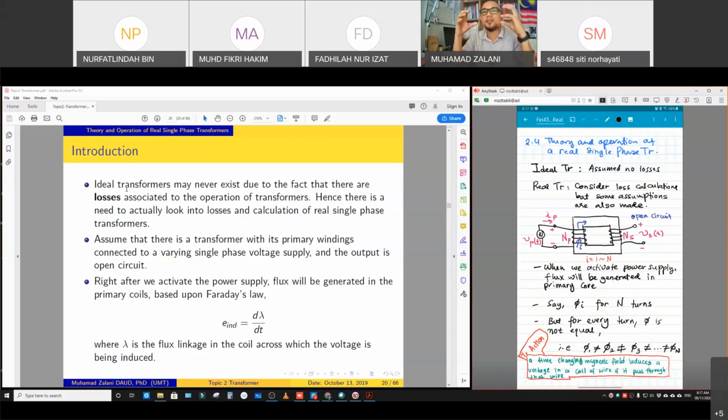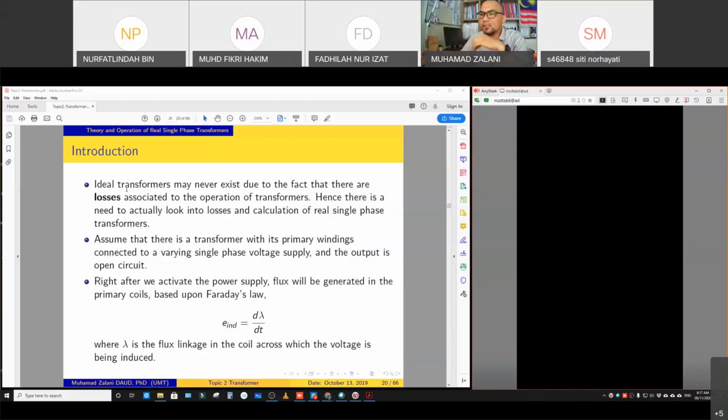We assume that the transformer construction is in perfect condition with no losses at all. That is what we call the ideal transformer. But in the real world, there is no such construction that we can make an ideal transformer. There must be some losses in terms of hysteresis losses and also eddy current losses, leakage conductances, leakage inductances.